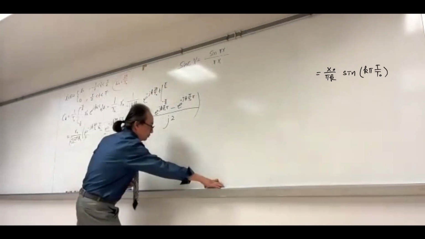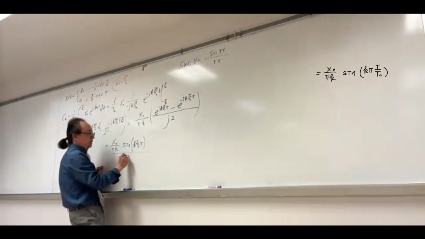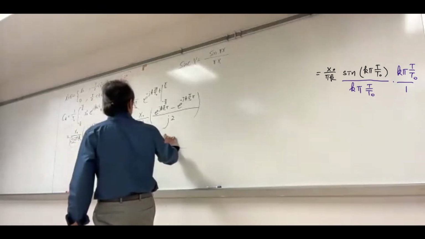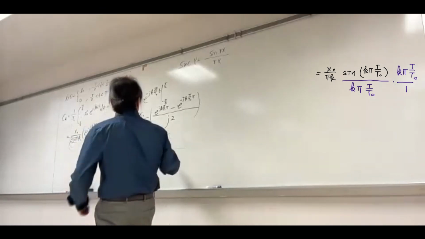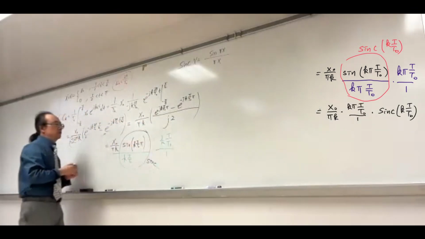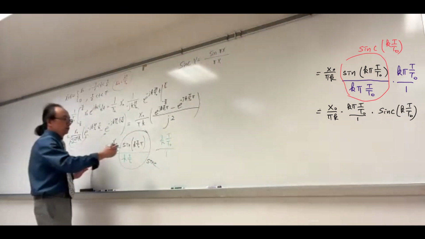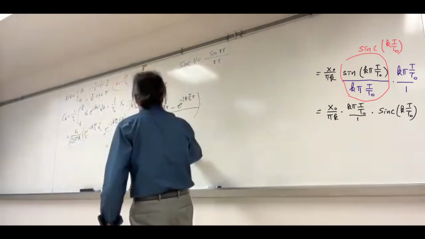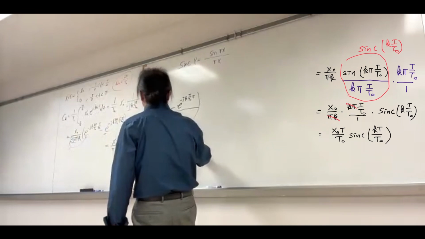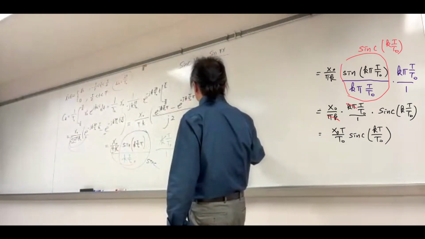So what we can do, we're going to put the denominator as k T over T naught, and then we need to multiply the exact same thing for the numerator. Then this whole thing is going to be the sinc function, and outside, we just need to cancel k and k. That equals x naught T over T naught times sinc of k T over T naught.